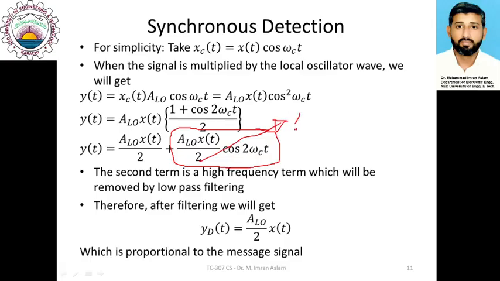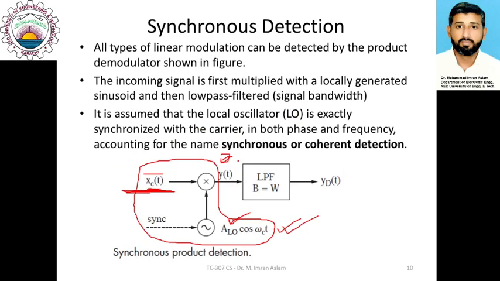To remove this high frequency term, we should pass it through a low pass filter, so that the high frequency component is removed and you are left with the low frequency component. So the next step in synchronous detection is low pass filtering with a filter bandwidth equal to the message signal bandwidth, so that you extract only the message signal, and all the high frequency signals present in that combination are removed.